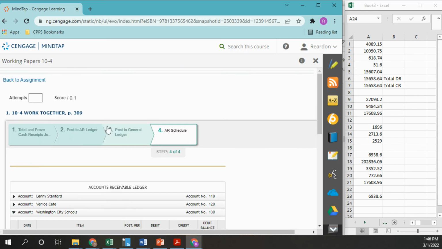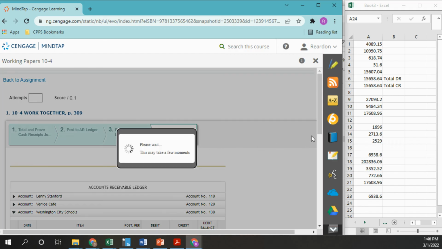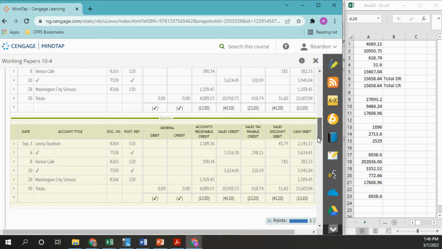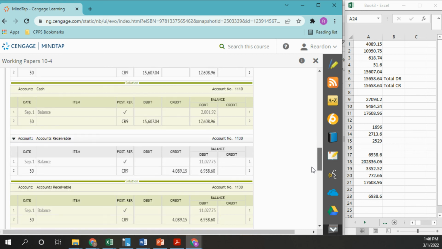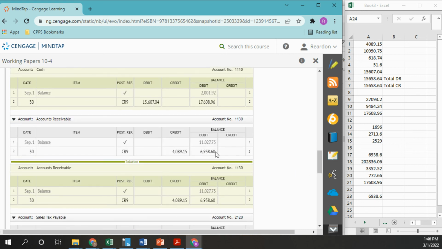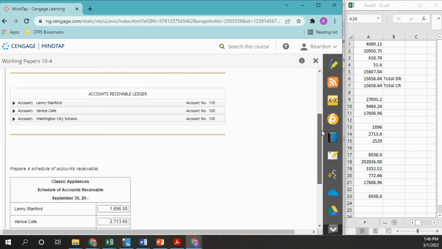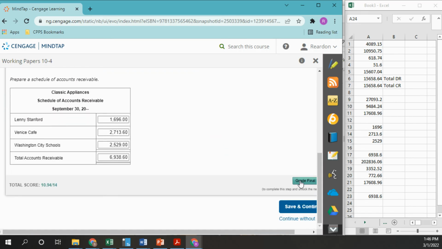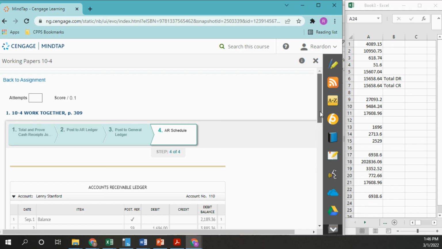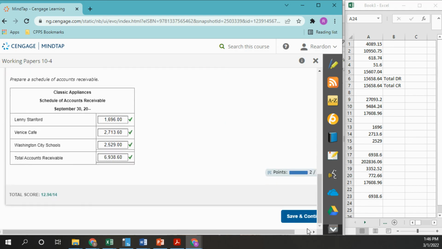So if I flip back to the previous step and look at what I posted to accounts receivable, I got 6938.6. That's my controlling account. That should match what's in my subsidiary ledger, correct? Yes. Okay. So we're done with that, and we're good to go.